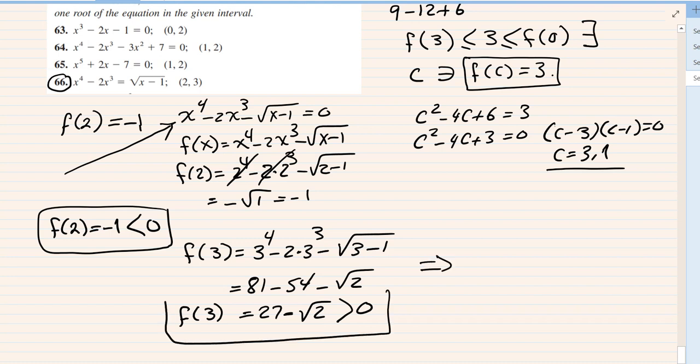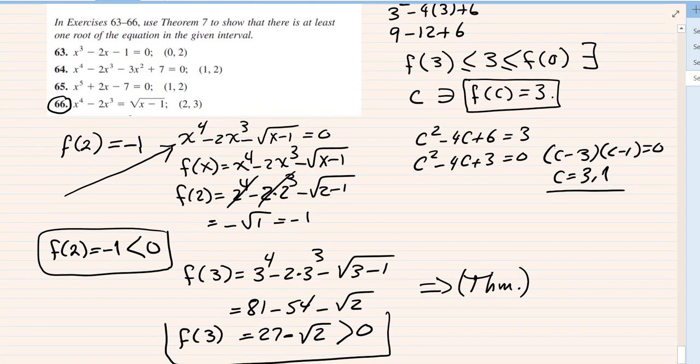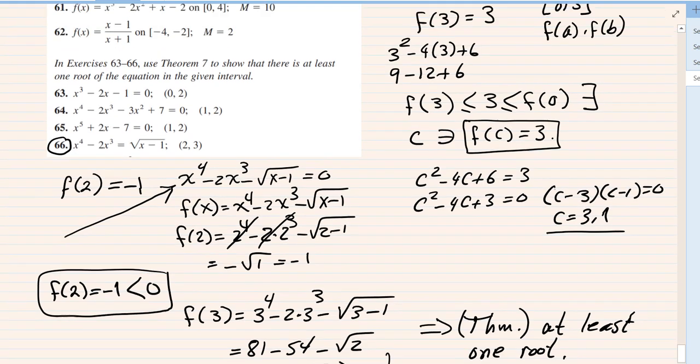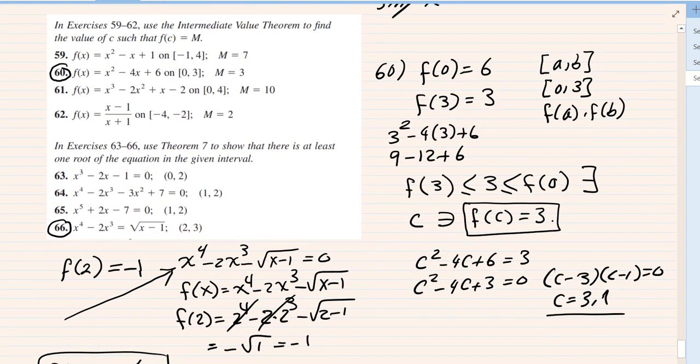So based on that theorem that we had, I guess it's theorem 7, there's got to be at least one root. Remember, roots are solutions. And that's what we have here.